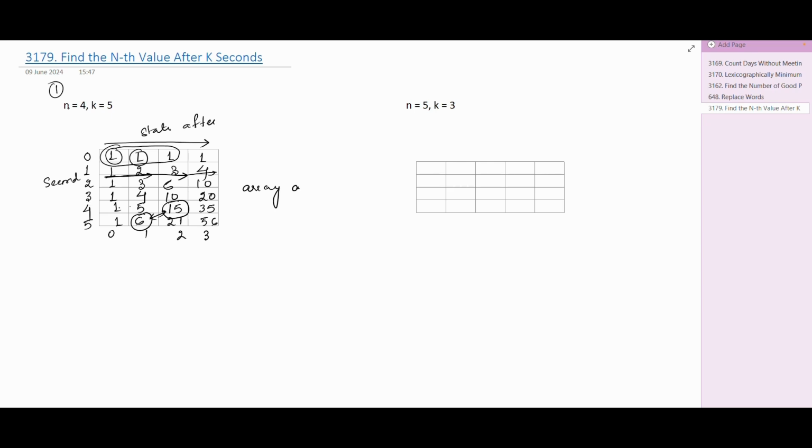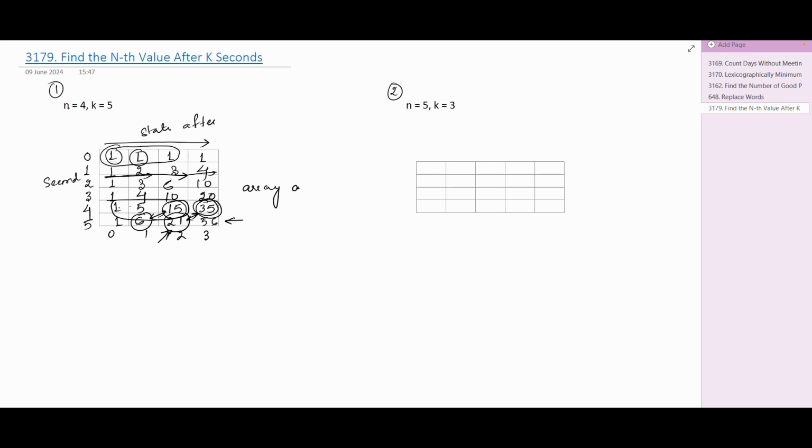Similarly, to compute the current value at index 3, I just need to add the value at the current index in the previous level plus the value at the previous index in the current level. So that will be 35 plus 21, that is 56, because we need to add 35 plus 15 plus 5 plus 1, and we know that 1 plus 5 plus 15 is already computed and stored at the previous index of the current level, so we can leverage that. So the value will be 21 plus 35, that is 56.